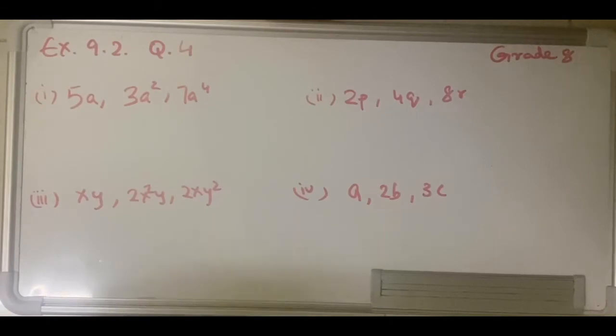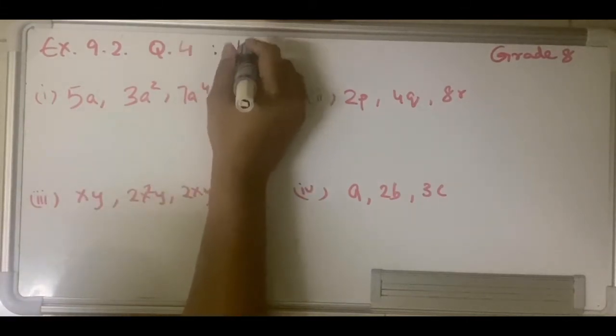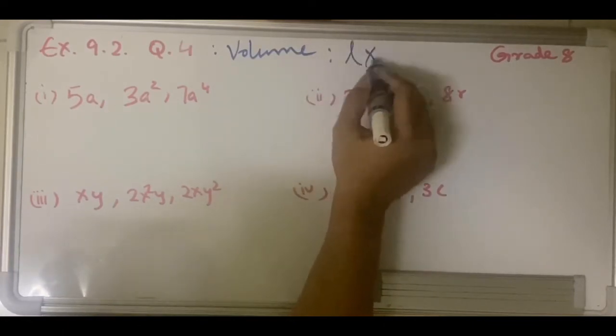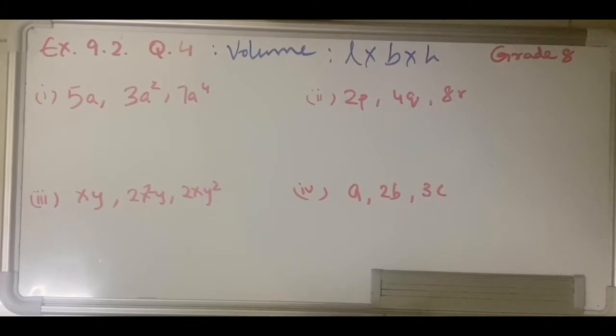So I have skipped the third question. Third question is again simply completing the table by finding the product of two given monomials. It is of a similar kind. So question 4, they are asking us to find volume, and it's the volume of a rectangular box. So you know that the formula would be L times B times H, which is length multiplied by breadth multiplied by height, right?